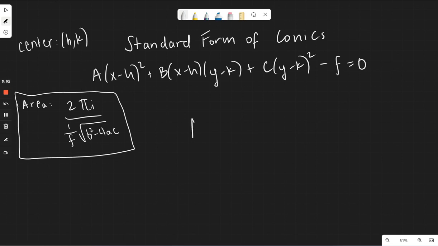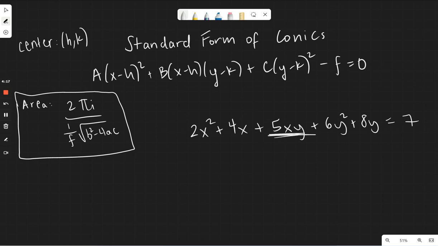Like, let's say we had 2x squared plus 4x plus 5xy plus 6y squared plus 8y equals 7. That's a lot harder to find the center or just factor in general, because we have this xy term here, and that adds rotation, and now we really don't know what's going on.